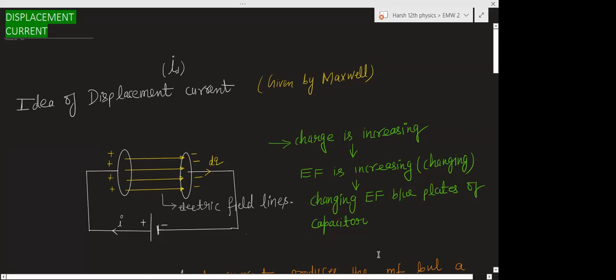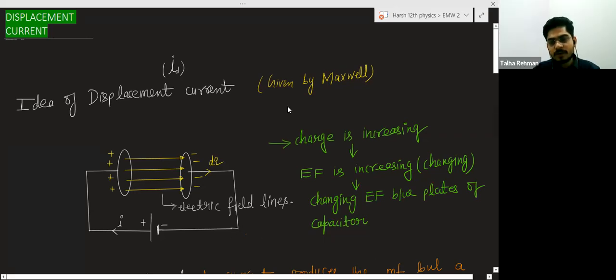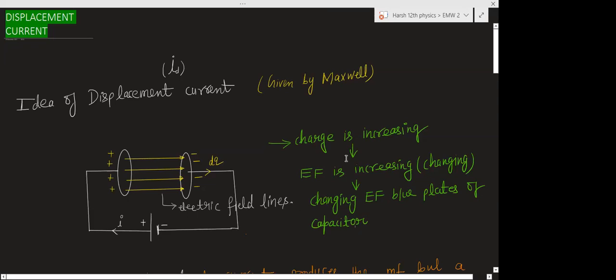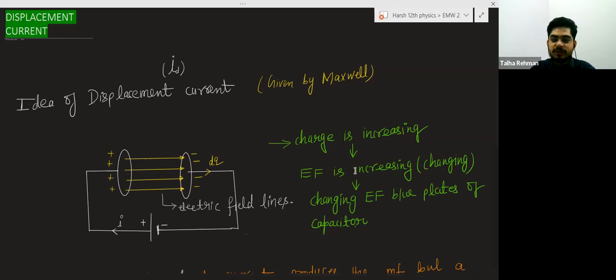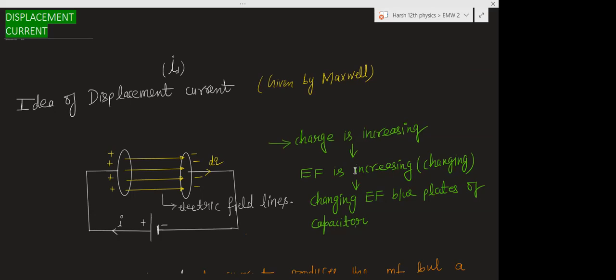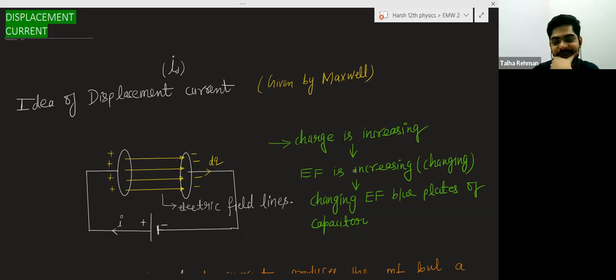If you want to take the screenshot, you can take the screenshot. No, I will write it, because if I take a screenshot I actually forget it afterwards. Okay, no problem. So basically, changing electric field between the plates of the capacitor.